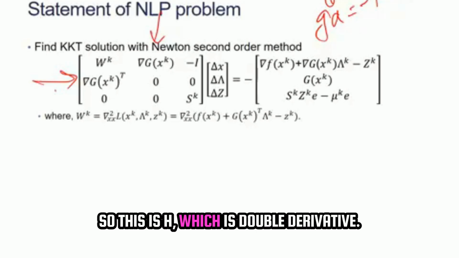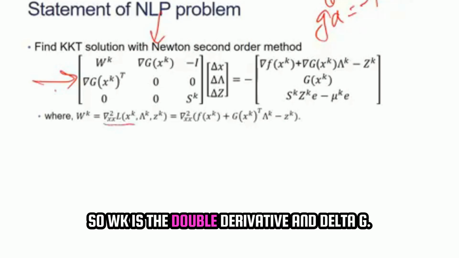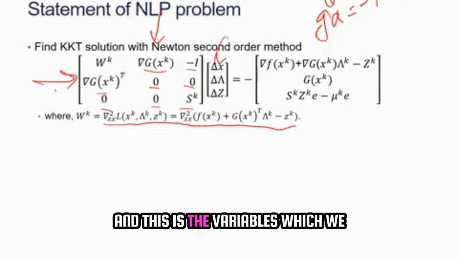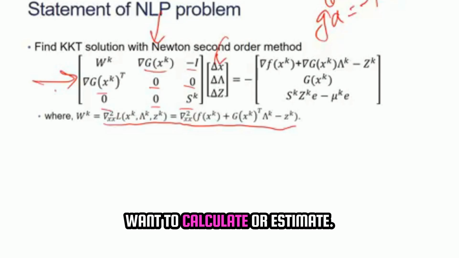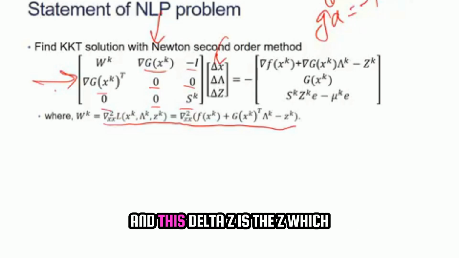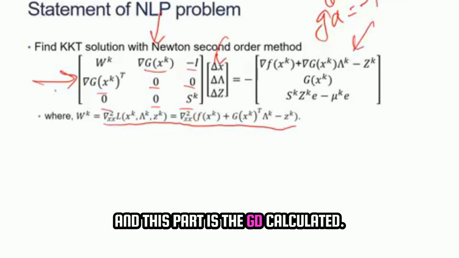So this is h, which is the double derivative. So wk is the double derivative, and delta G. I have just separated it to make it very simple. And these are the variables which we want to calculate or estimate: delta X, delta lambda, and delta Z. And this delta Z is the Z which we have assumed for mu by S. So you got the idea, right? And this part is the GD calculated.